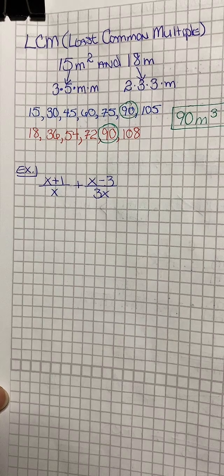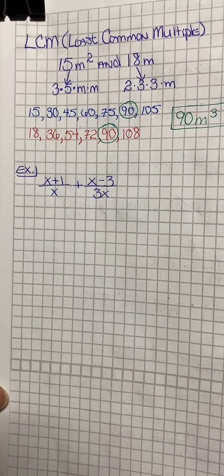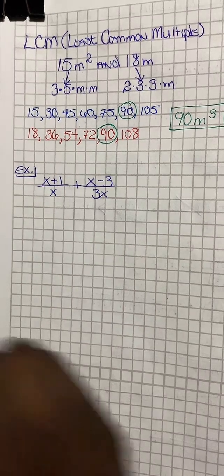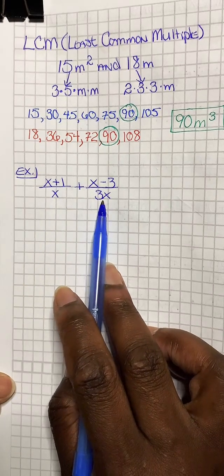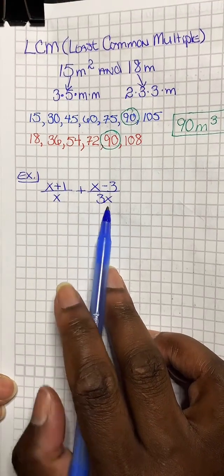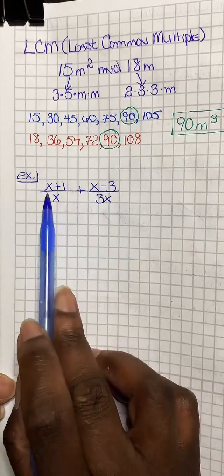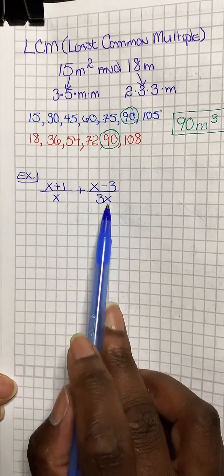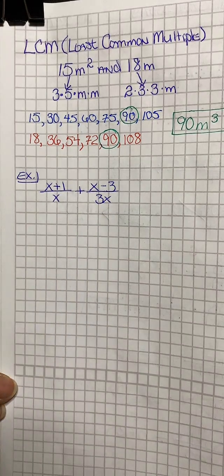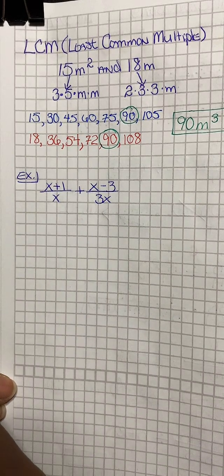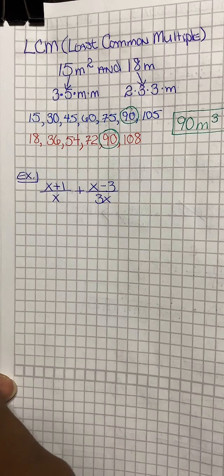Okay, I'm getting to it now. All right, so take a look at the denominator. We have an x over here. We have a 3x over here. So in order for us to add these numerators together, we need to have a common denominator. What's missing in order for our denominators to be exactly the same?